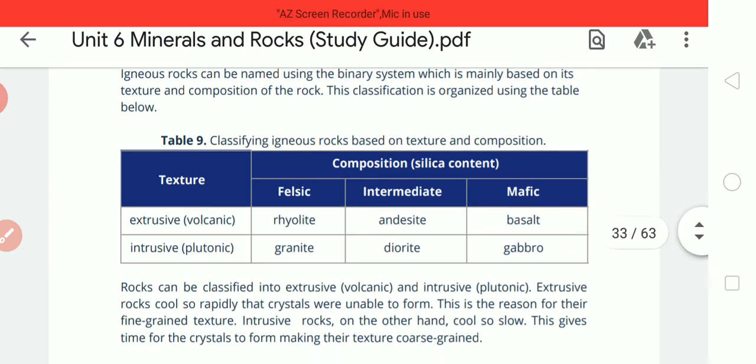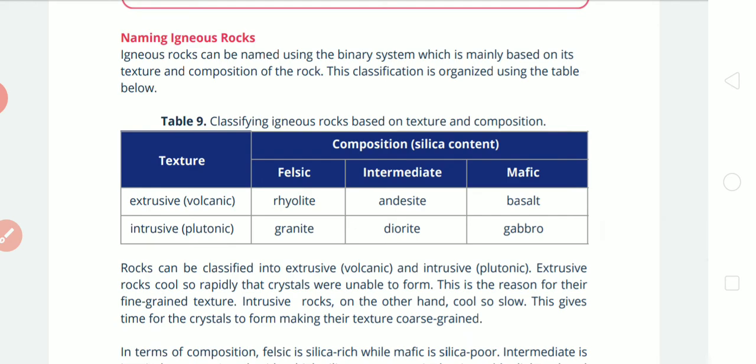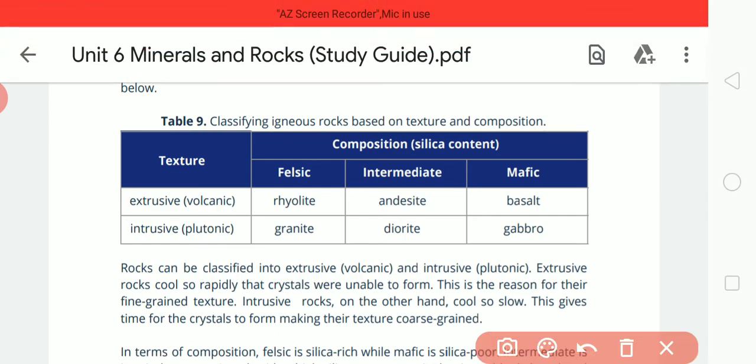So these are the different areas wherein minerals are being classified. What you need to consider first is the texture. So what is the texture of an igneous rock?